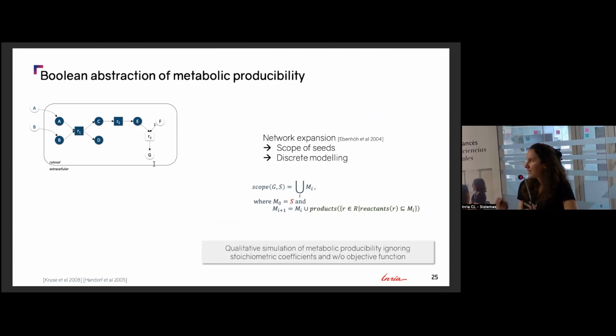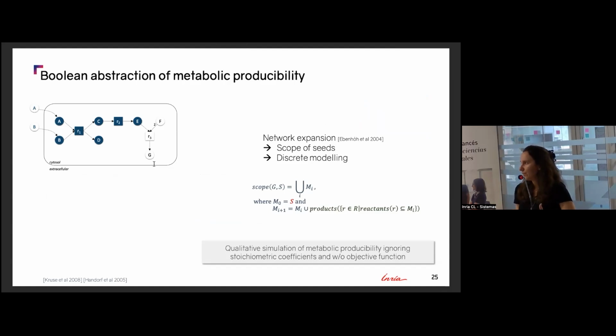So the model is actually quite simple. On the left, you have a metabolic network with the cell that describes the organism. You have a few reactions that are the squares, and these reactions consume metabolites in circles and produce others. You have two metabolites outside the cell, L and B, which are what we call the seeds. They describe the environment.